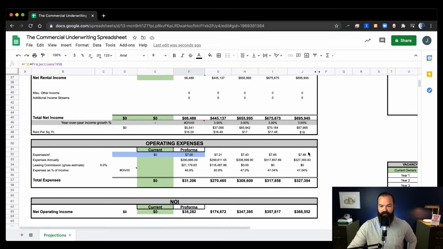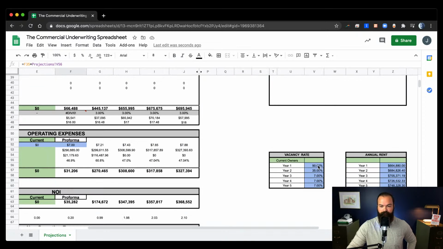I actually come down to the spreadsheet over here, and I have my vacancy rates. So you can change these based on year, and it obviously will impact the amount of income that you'll have coming through, because you're not going to have 100% occupancy the first year. So the building is 100% vacant at the moment.